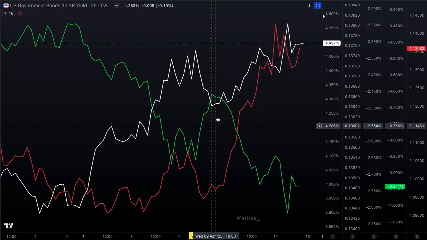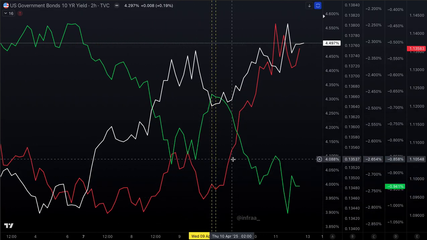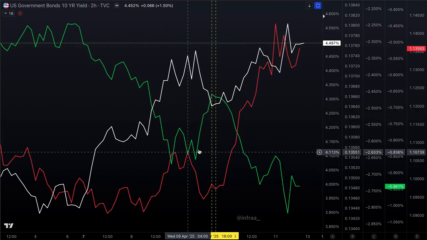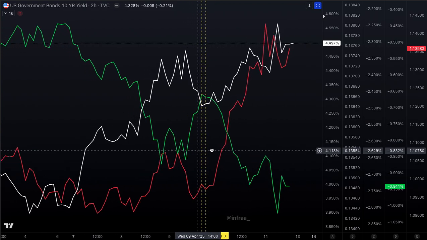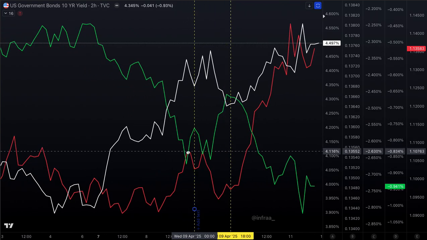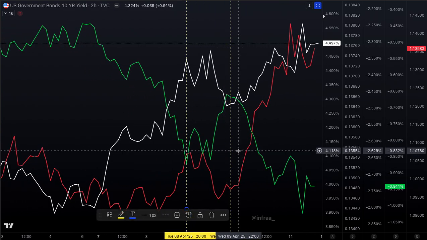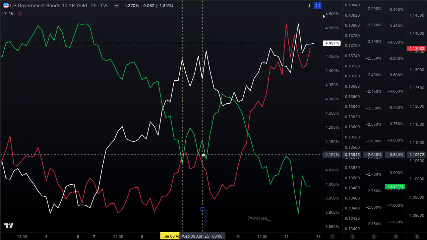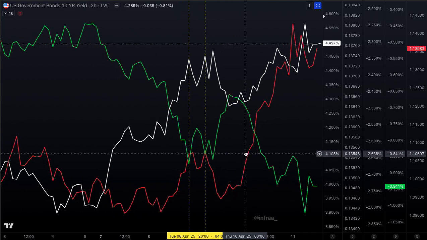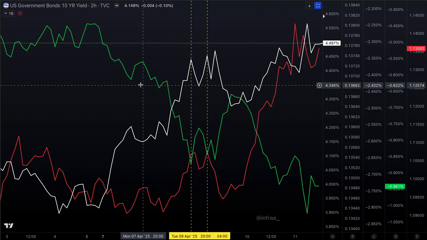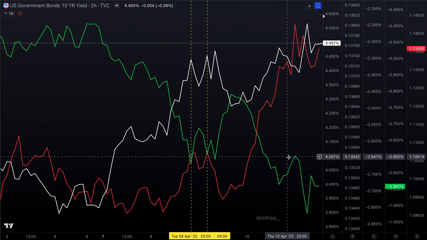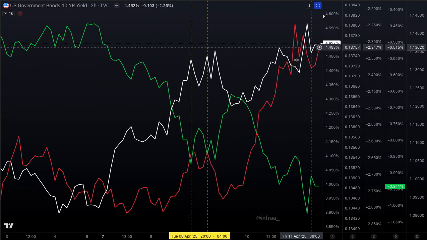But around the same time, we see a similar divergence, where it's a little earlier. Kind of in this range, we see the interest rate differential actually start to decrease, but the euro's strength, right?